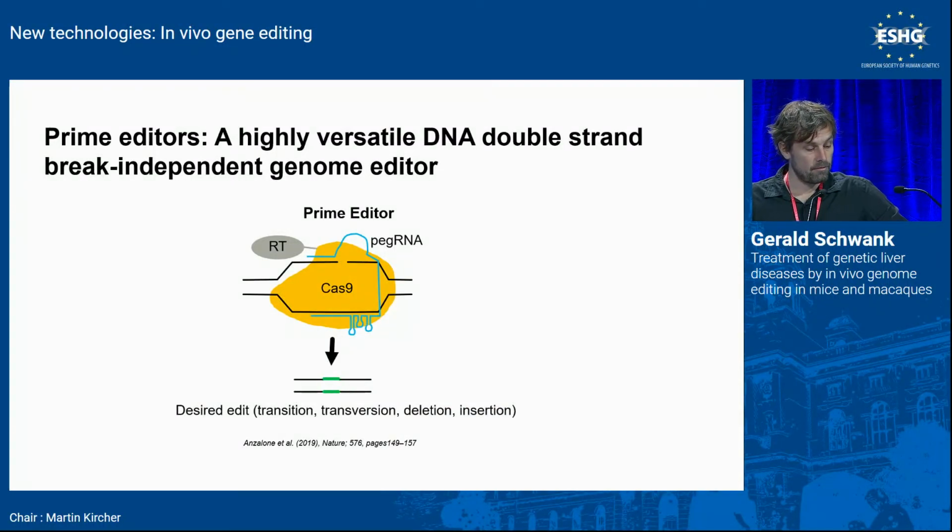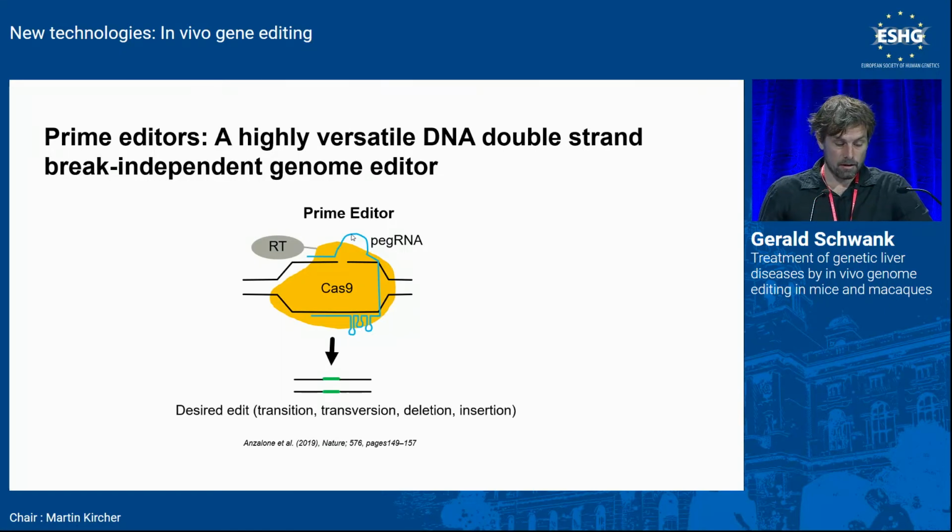And as I said already before, more recently in 2019, a new technology, prime editing, was developed in the Liu lab at MIT, where a reverse transcriptase reads a designed RNA sequence attached to the guide RNA.